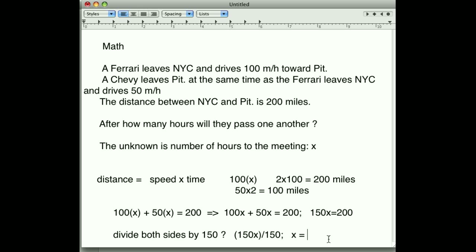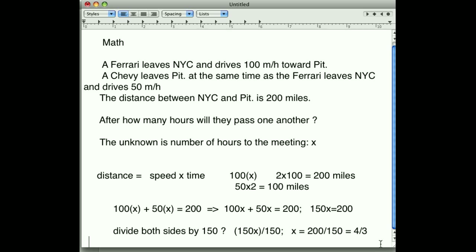On the right hand side, if we do 200 divided by 150, we divide it by 50, then we'll get 4 divided by 3. 4 divided by 3 is 1 hour plus 1/3 of an hour, right? 4/3 is 1 plus a third.